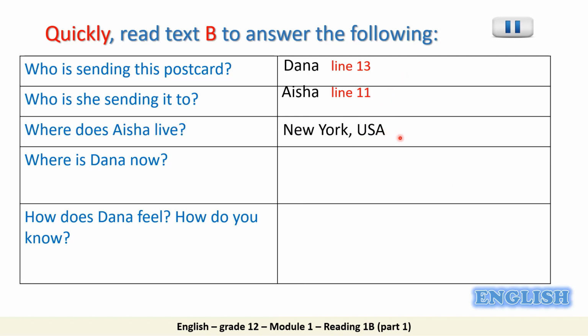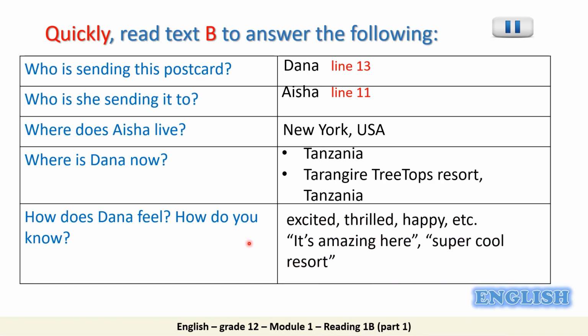Aisha lives in New York, and Dana is in Tanzania right now. How does she feel about where she is? She is excited, thrilled, happy, and this appears in her words. It is amazing here. Super cool resort.